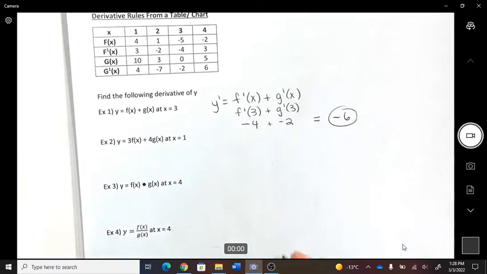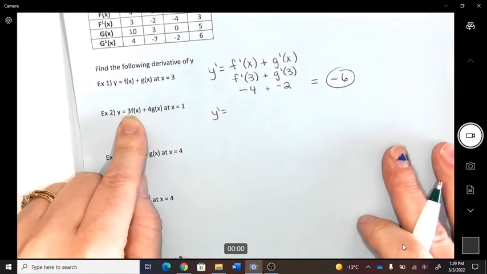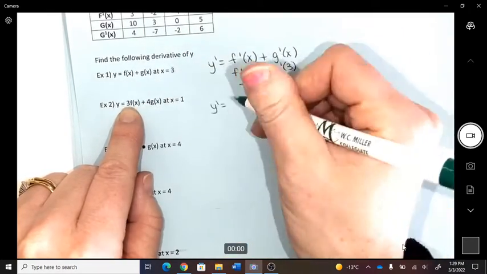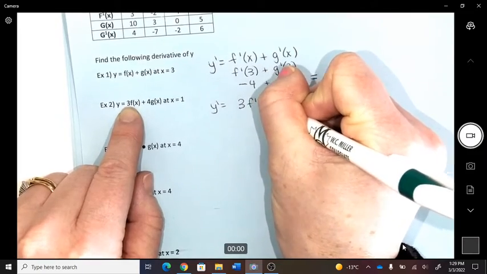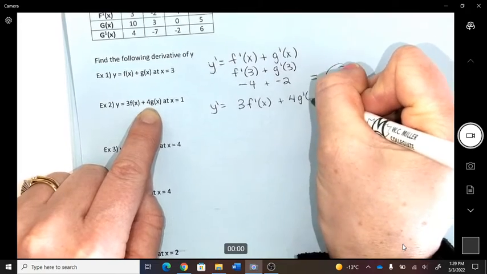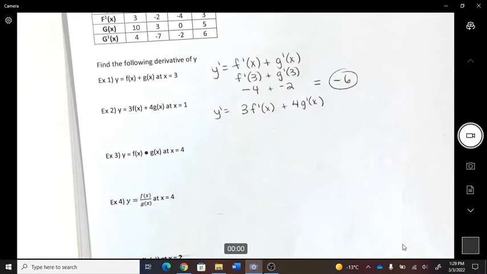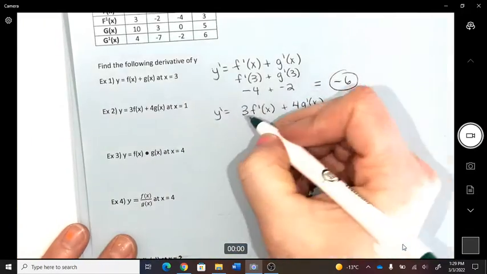Okay, number 2. If I derive this equation, when you derive something with a 3 in the front, it just becomes 3 times the derivative. And this becomes 4 times the derivative. Okay, and we're specifically doing this at an x value of 1.